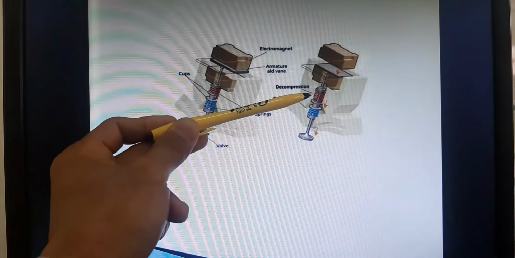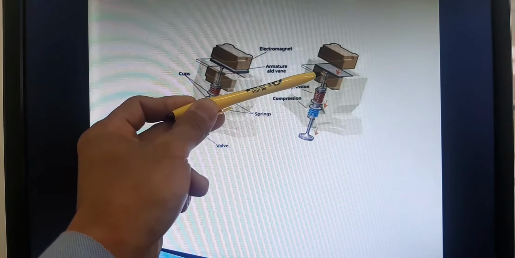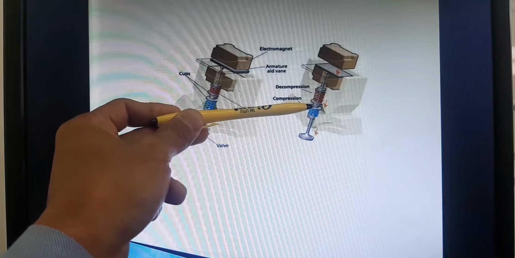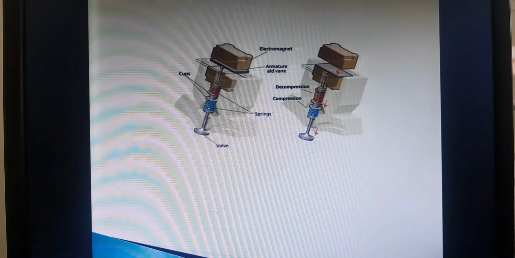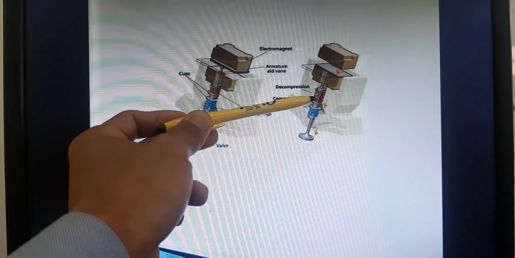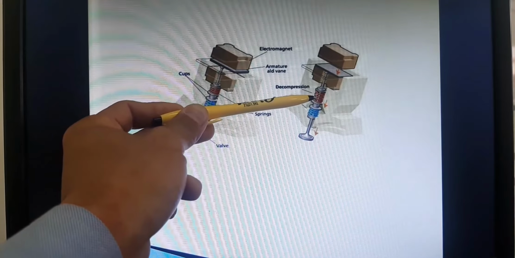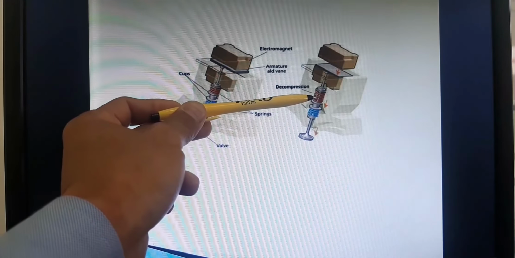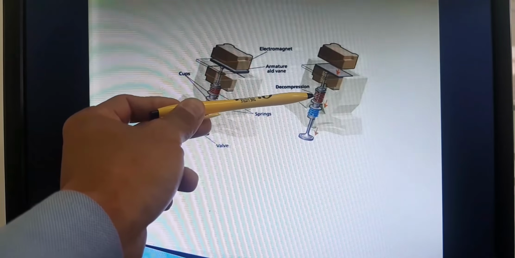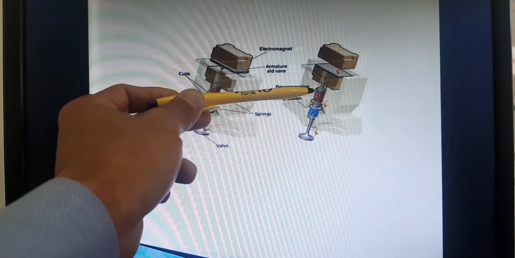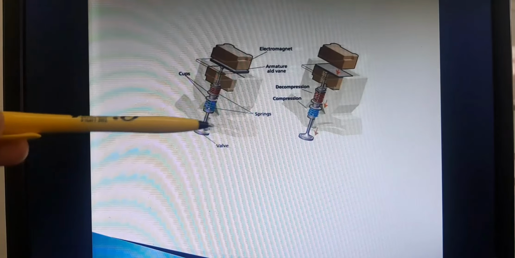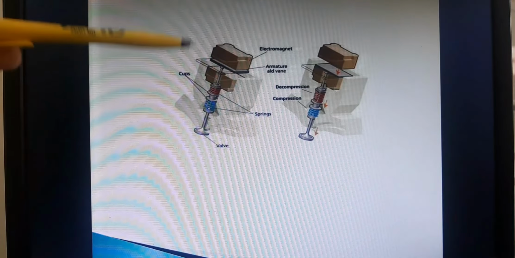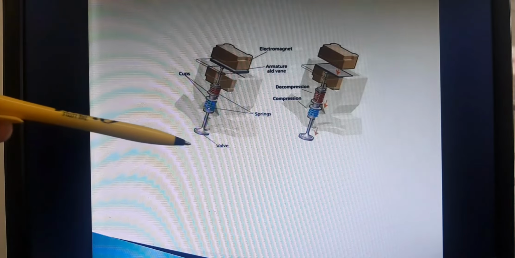Why is it decompressed now? Because it was already pushed. In some way, there is a reason why it is decompressed, but that is for further study. So, we have understood that this kind of configuration has no camshaft.